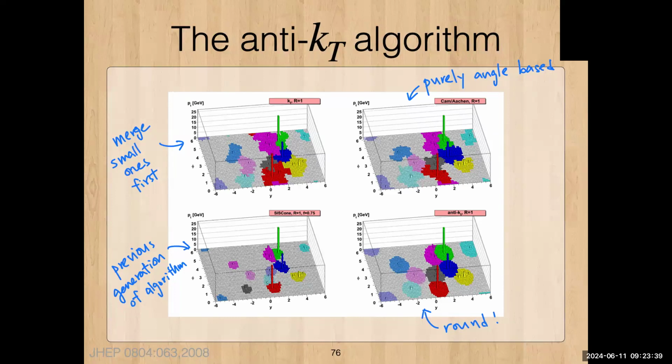Here is an example of Cambridge-Aachen clustering, and this is the anti-KT clustering. Basically, different clustering algorithms give you different jets. One thing that stands out is that with the anti-KT algorithm, everything is very round, which is a very nice property to have. Most recent LHC measurements are gravitating towards anti-KT jets because it has nice properties, but in principle, you can study each of them separately.